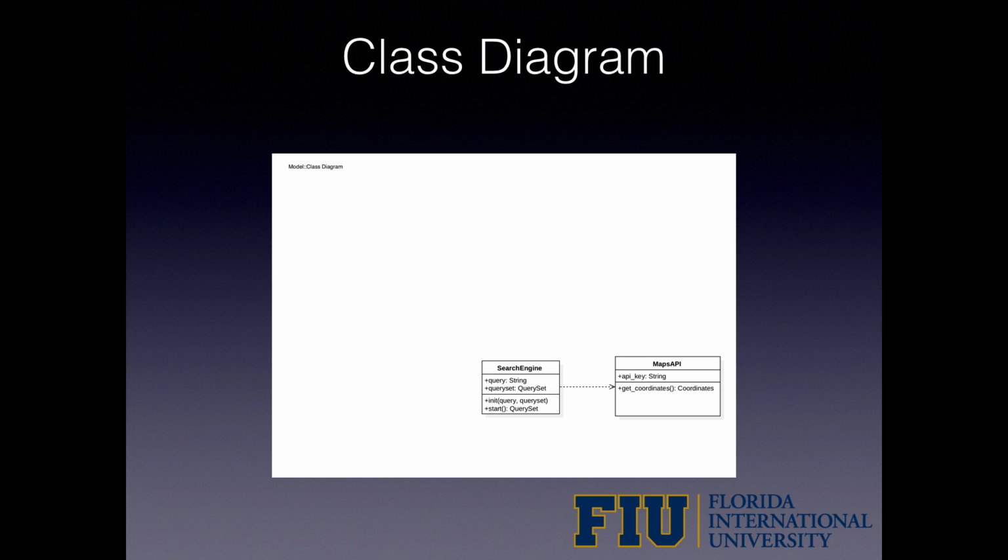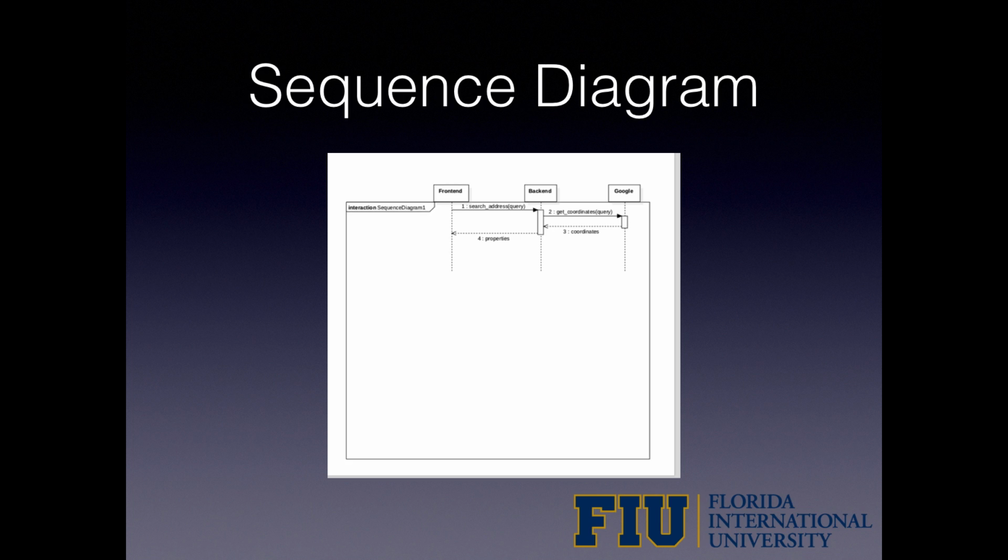The two functions are init, to initialize the class, and start, to start the search engine, which is all the logic to starting a search engine. The maps API, which is what the search engine depends on, simply has the attribute API key, which is the key to access the API, and the get coordinate function, which, put simply, is just the URL string that tells the API, please get me the coordinates from a query.